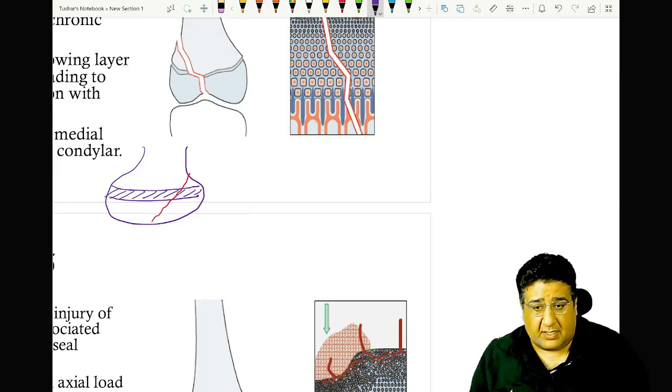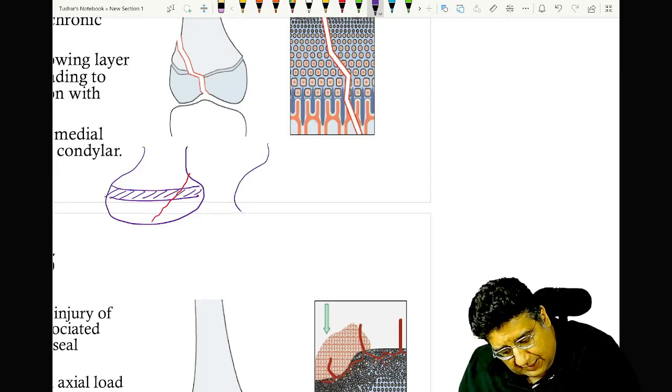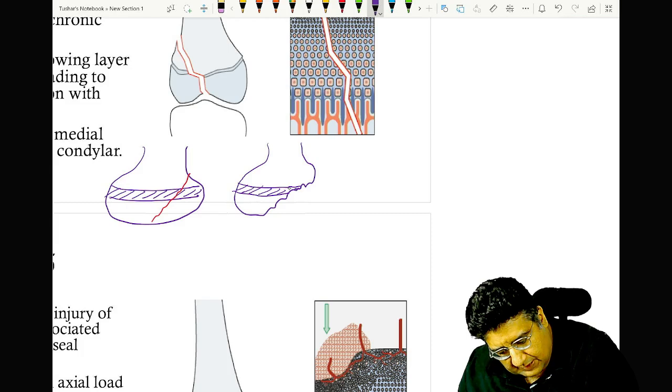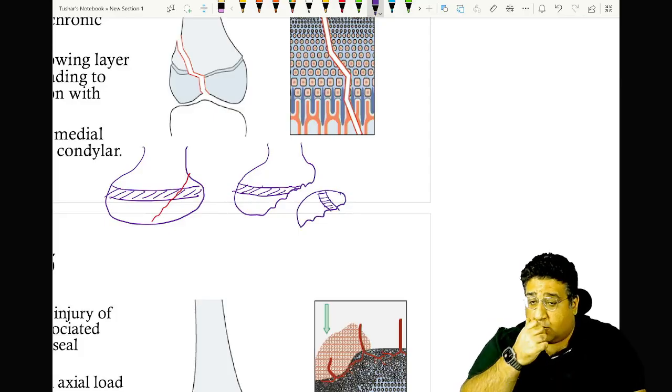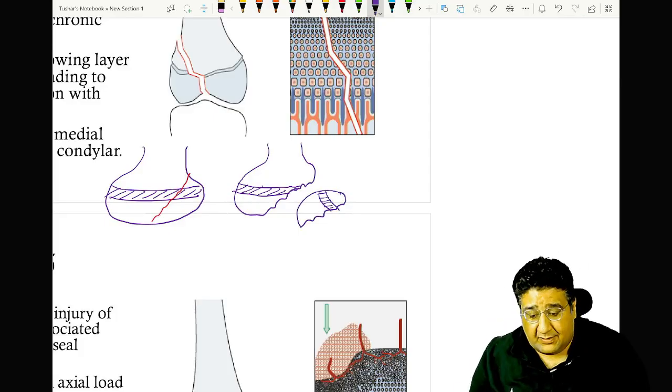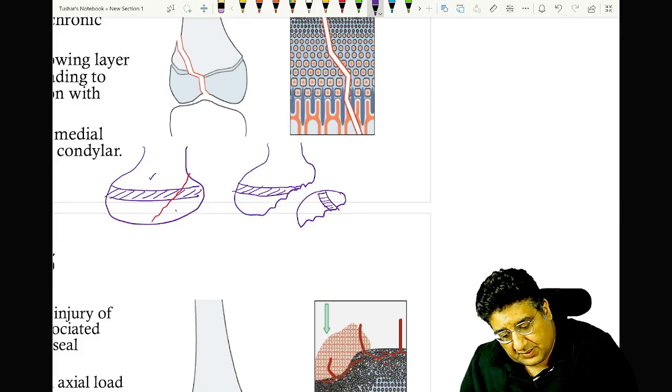But that is not the crux. The crux is that after this, what actually happens is, after this, this happens. So this is the crux of the story. In this you can see a proximal fragment, you can see a distal fragment.